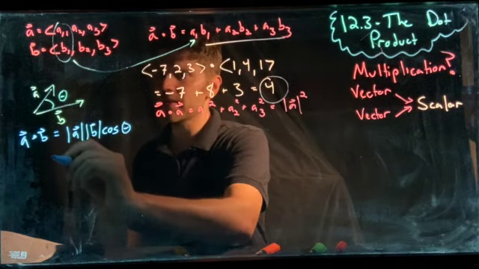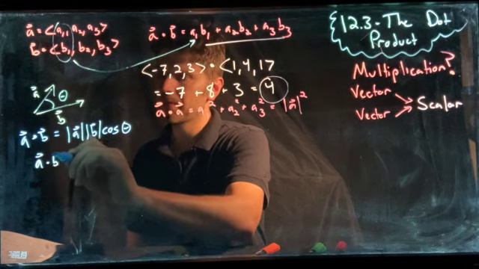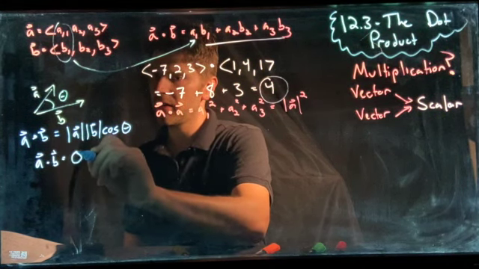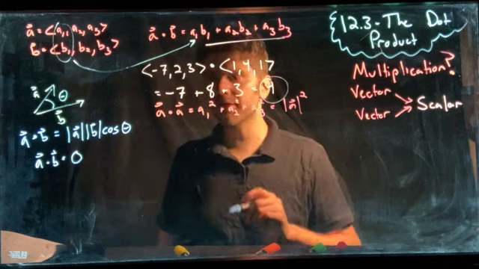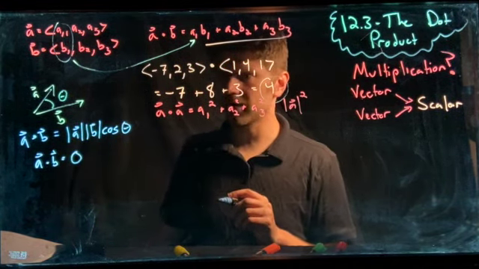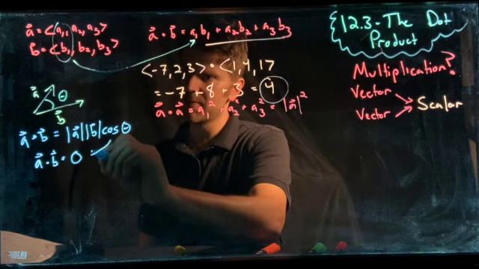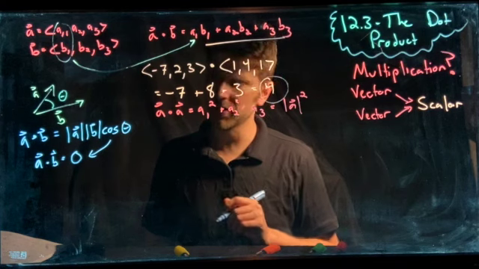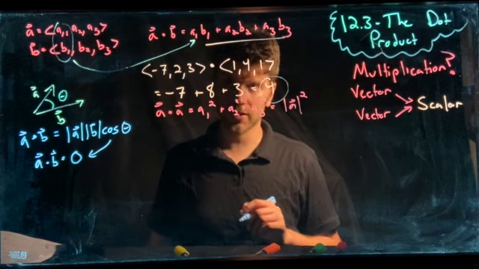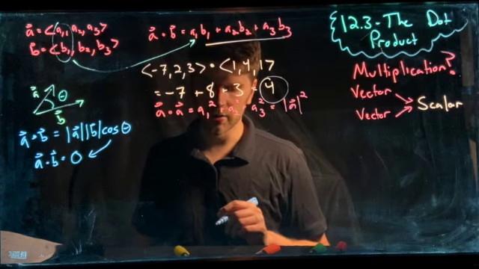This also gives us some interesting questions. For instance, what happens if we take the dot product of two vectors and we find that A dot B equals 0? Well, first of all, it could be the case that the magnitude of A or the magnitude of B is 0, but that's not particularly interesting. What's more common is when cosine theta is equal to 0. And you might recognize that cosine theta is equal to 0 when our angle is pi over 2 or 3 pi over 2.